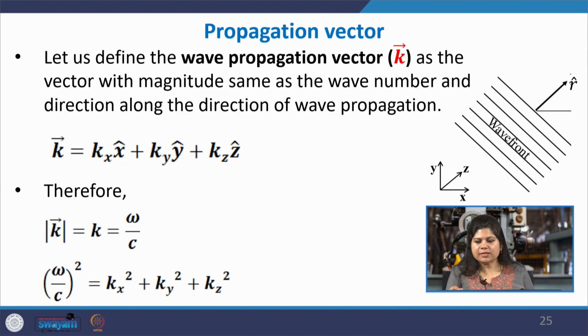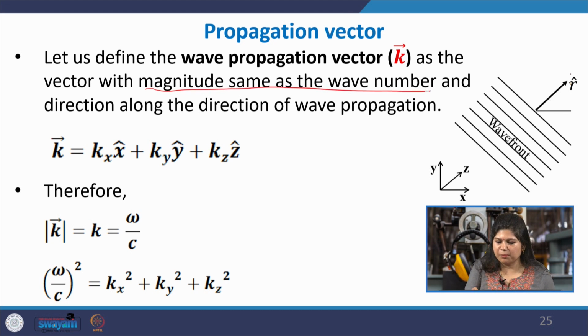So, suppose k is the overall wave propagation vector. How do you define the wave propagation vector of a harmonic plane wave? It is a vector, so it will have a magnitude and a direction. This is the vector whose magnitude is the same as the wave number k, but whose direction is along the direction of the wave propagation.